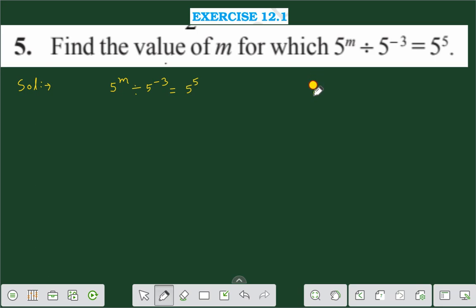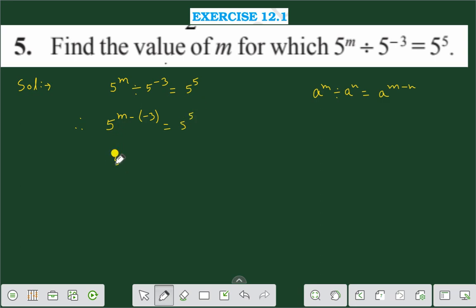Here we will apply the formula that a to the power m divided by a to the power n is equal to a to the power m minus n. Therefore we are getting 5 to the power m minus of minus 3 is equal to 5 to the power 5.